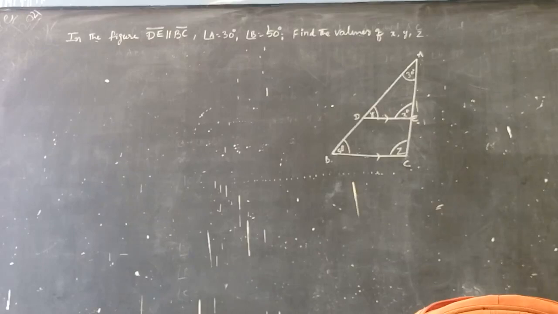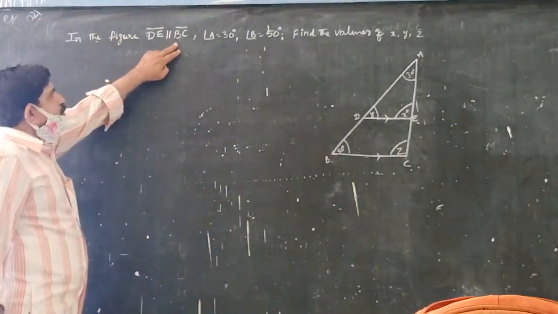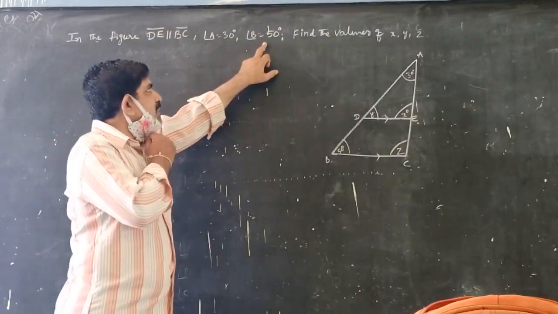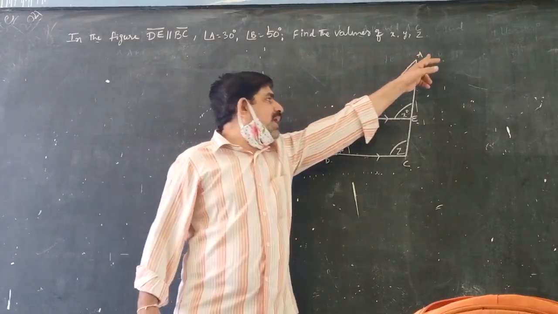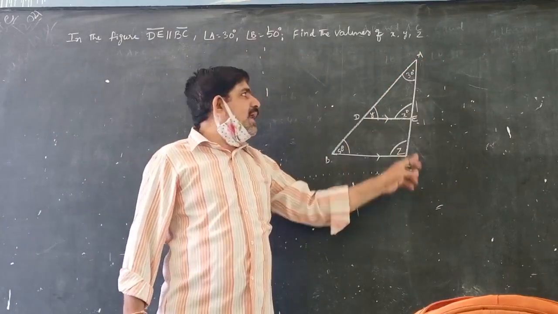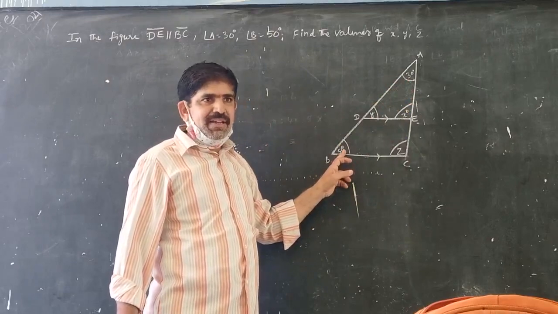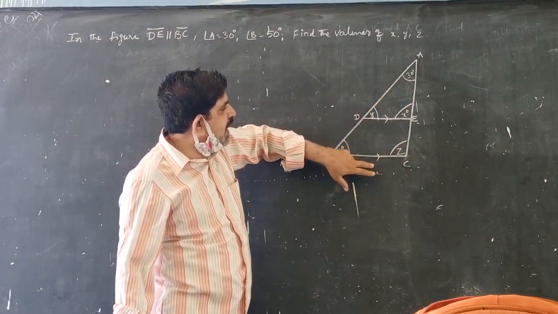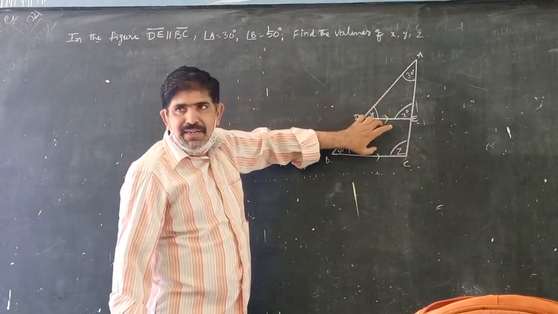Next question. In the figure, DE is parallel to BC and angle A is equal to 30 degrees and angle B is equal to 50 degrees. Find the values of x, y, z. Here ABC is a triangle and A is equal to 30 degrees and B is equal to 50 degrees is given. From the figure, BC and DE are parallel.